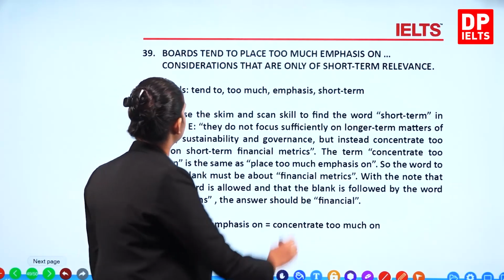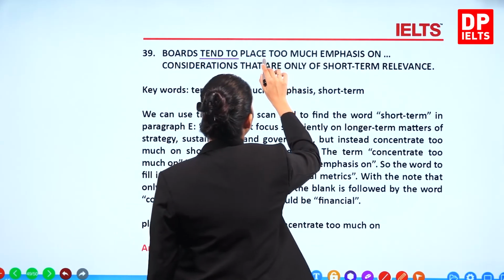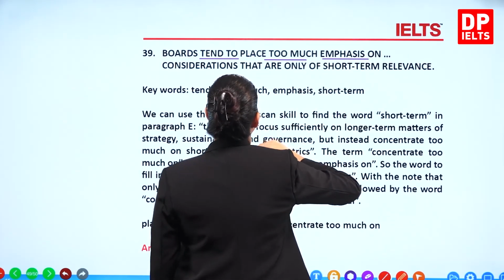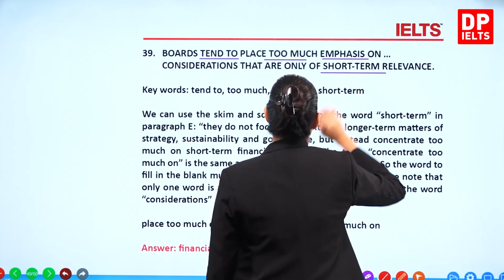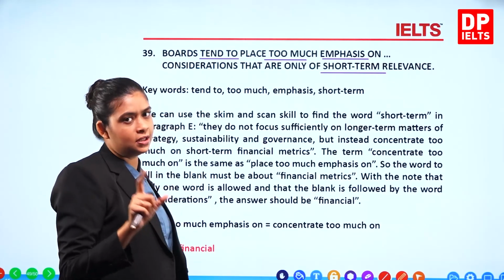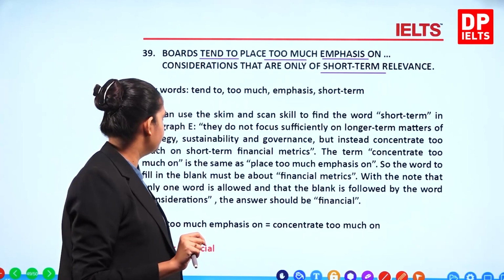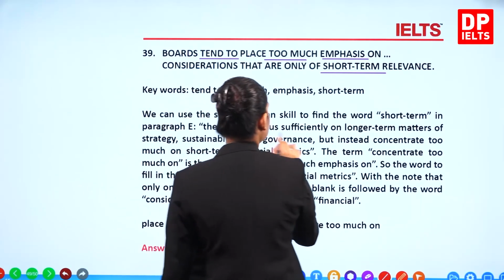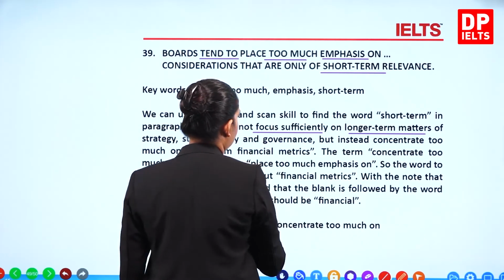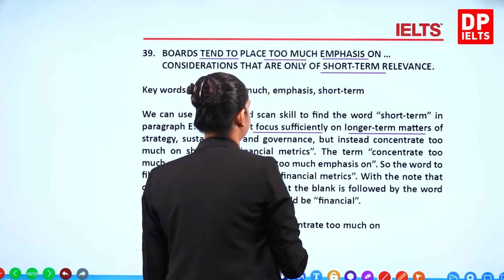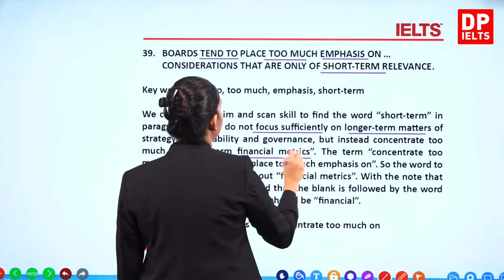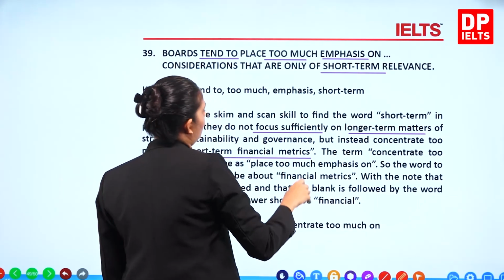Boards tend to place too much emphasis on something, considerations that are only of short-term relevance, right? Go to para E. Short-term is there in para E. They do not focus sufficiently on longer-term matters of strategy, sustainability, but instead concentrate too much on short-term financial metrics.